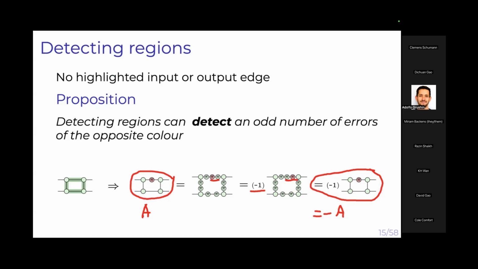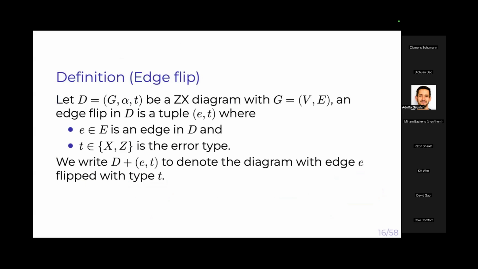And now let's talk a bit about errors. So again, we have a newer notion of errors on ZX diagrams. And to define them, we first define an edge flip, which is in a sense an atomic error. It's kind of the most elementary part of an error.